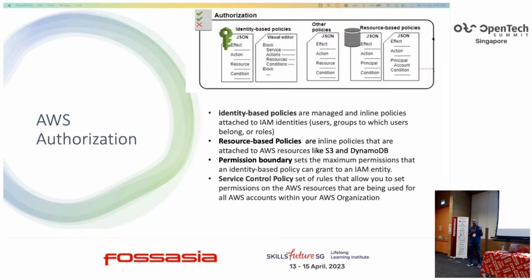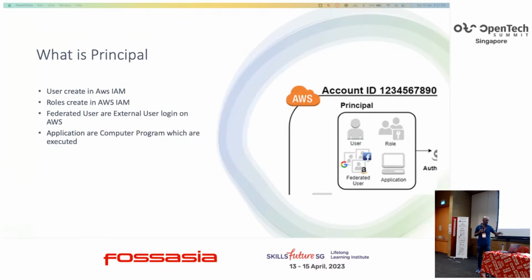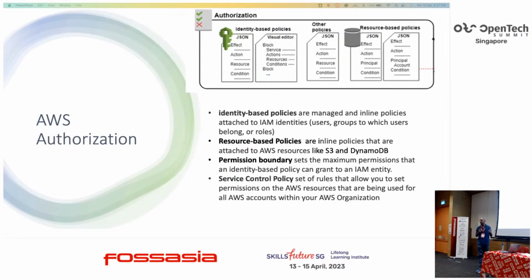One is identity-based policies, which apply to the principal which you have created. This principal can be a user, role, federated user, or application. We can define and give the policies to it.